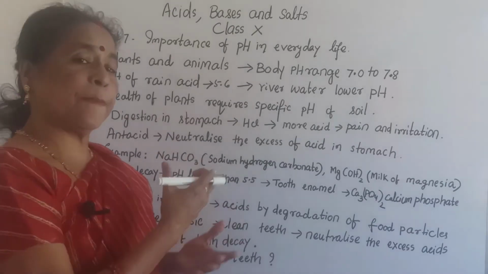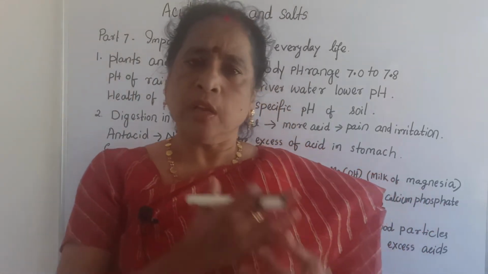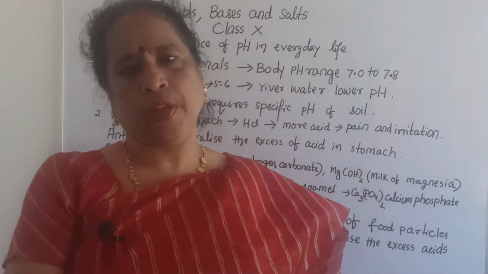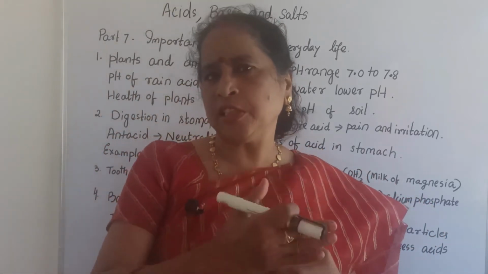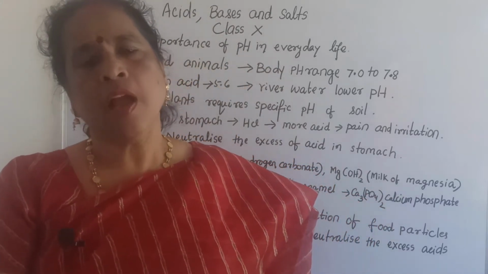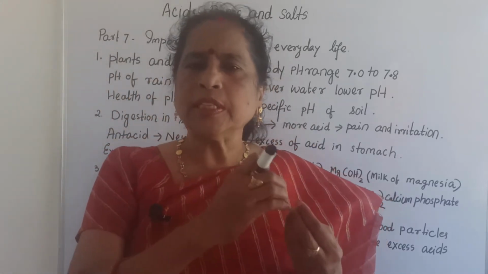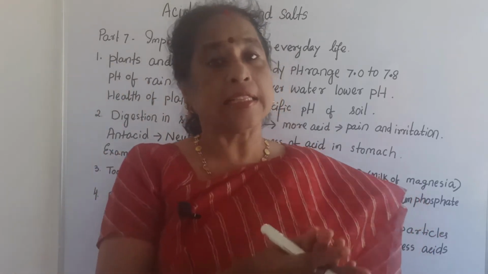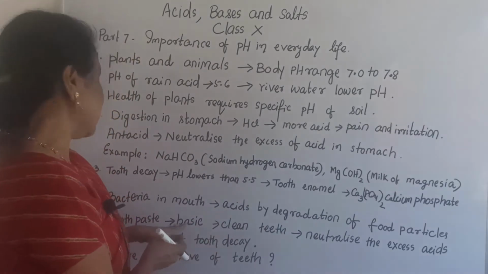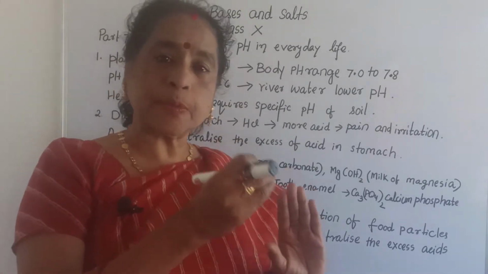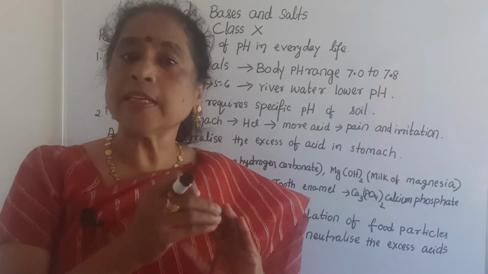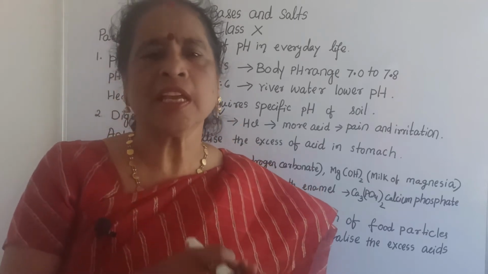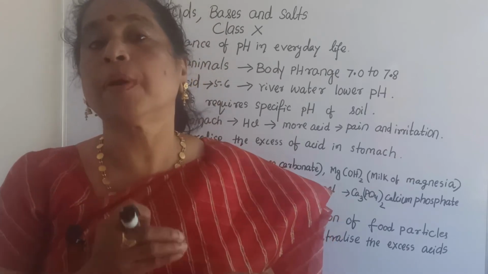Next, what happens actually in the mouth? So many bacteria are present which are helpful for the degradation of food also. And always remember that digestion starts from the mouth. Here the bacteria degrade the food particles or sugar particles, and at the same time acid is produced. But the pH should not be less than 5.5. That means you should wash the mouth properly.